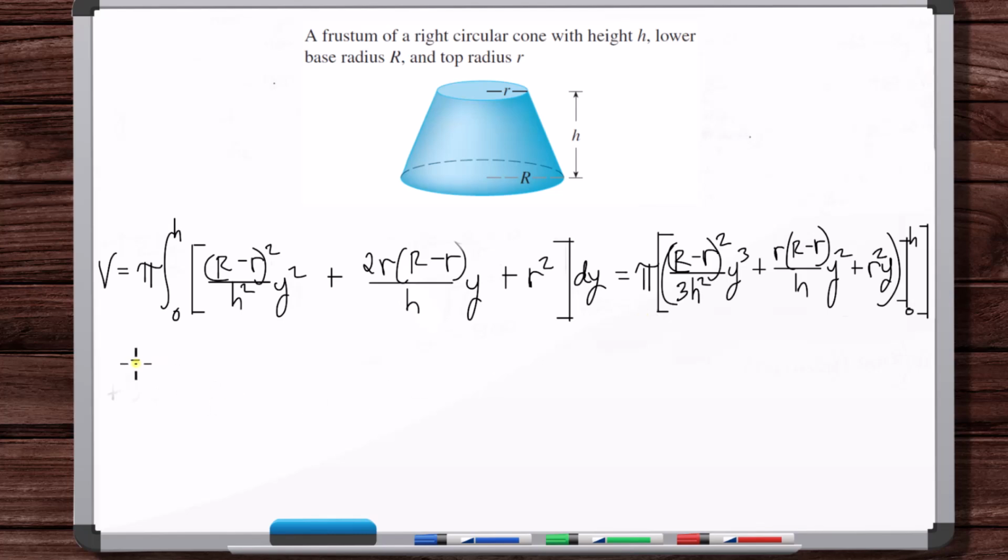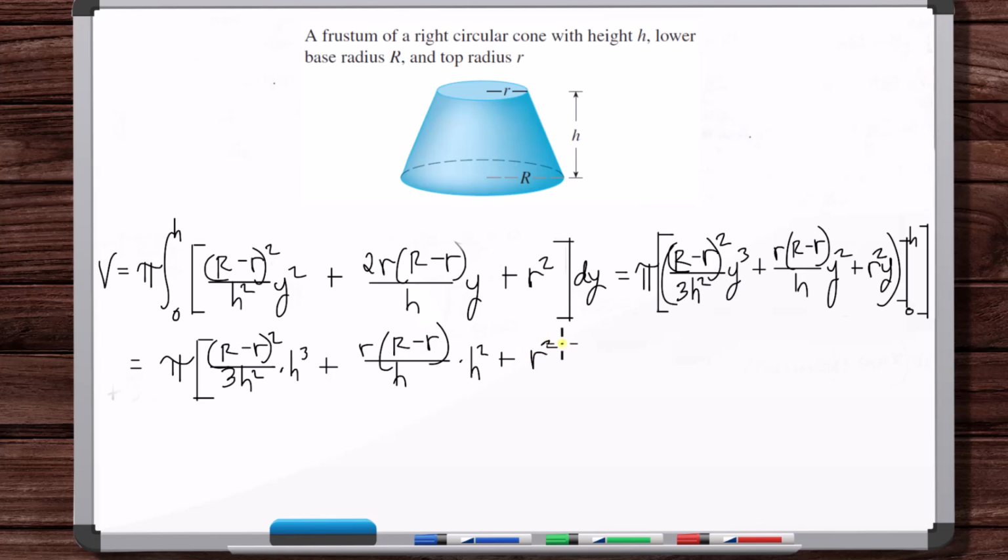So when we plug in 0, this term goes completely away, so we just need to evaluate this at h. So we've got this.